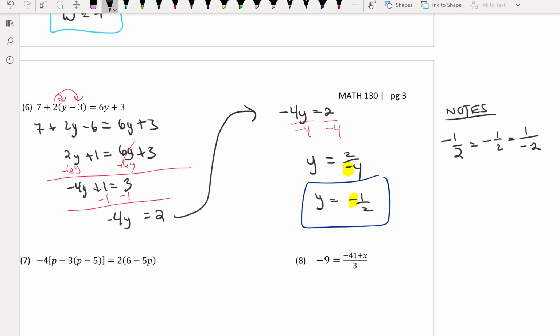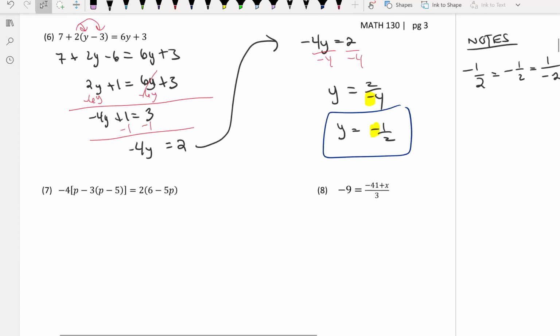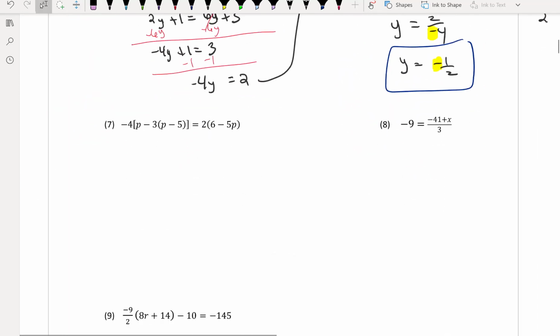It doesn't matter if it's in the numerator or right at the division sign or in the denominator. It still just means the negative value of 1/2 or 0.5, right? So it doesn't matter if I have it top, the side, or the bottom. Okay, I just want to make sure that you guys kept that handy there.